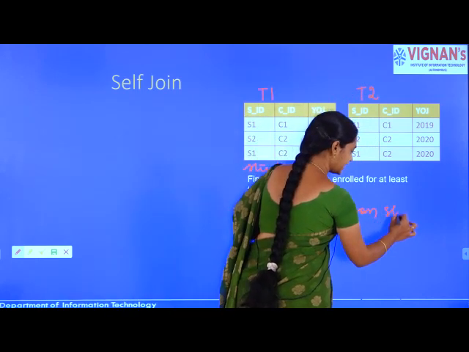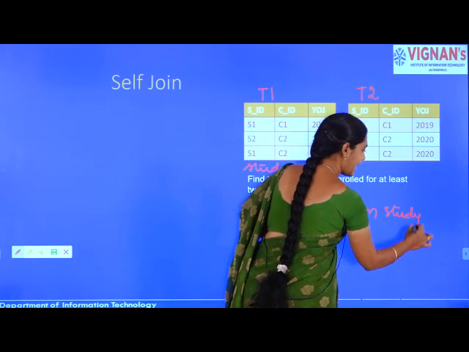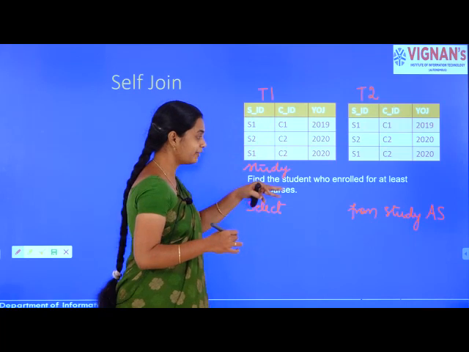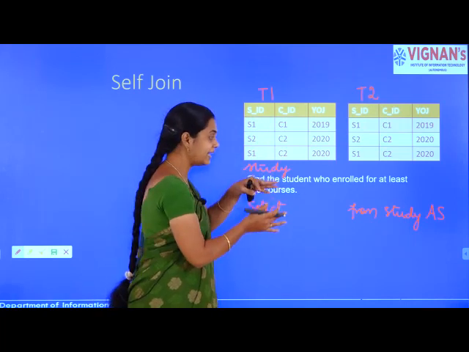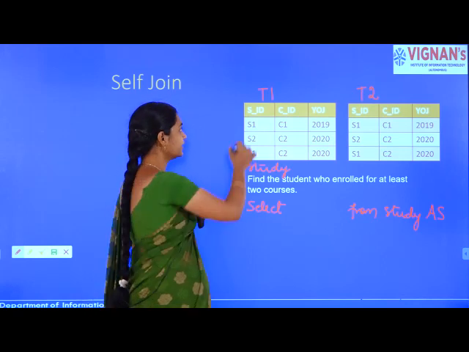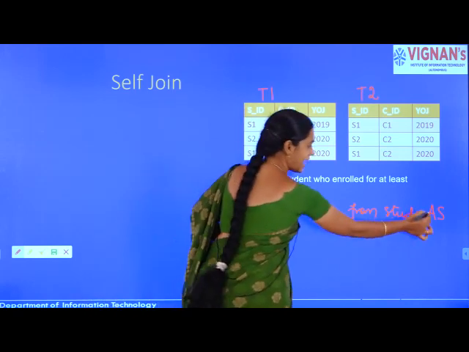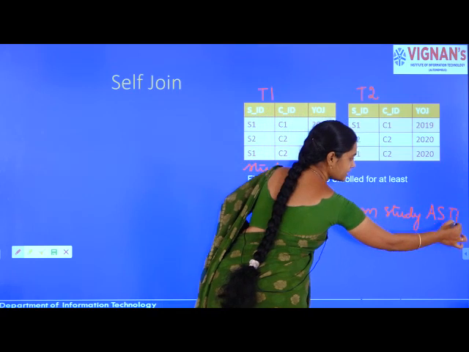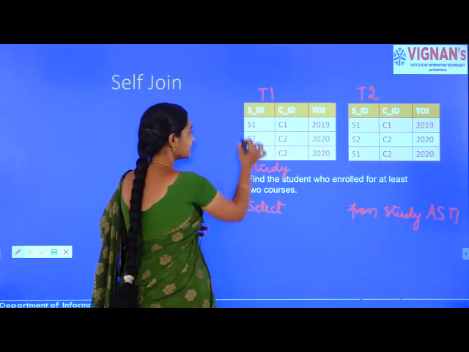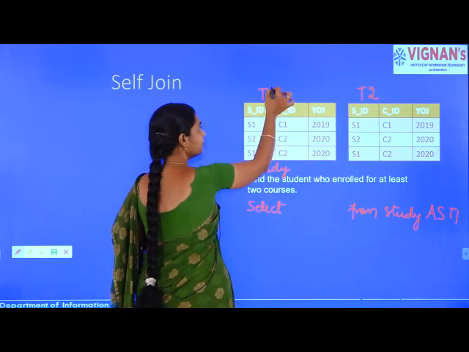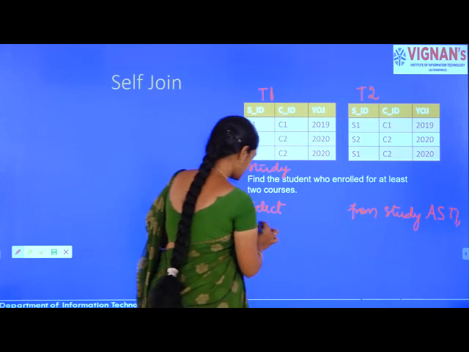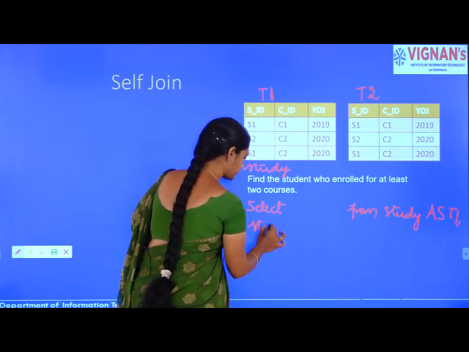From study as. I have a keyword called as which represents the alias name of the study table. What do I have here? Study as T1 means that, only for a short period of time, this study table will become T1, comma, study as T2.